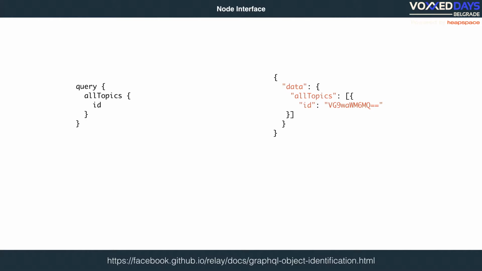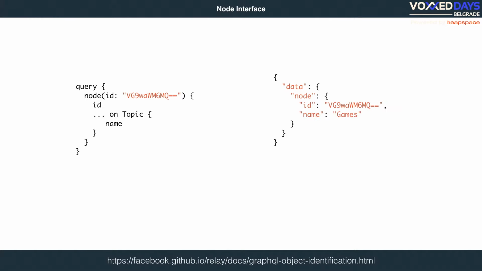And using those IDs, you can request every object in your system by just using this node query, where you say, okay, give me a node, and this node has this ID, and I need it to be a topic. And if this node I get is a topic, I need its name. If it's a user, I need its full name. So having this node interface helps you very much with caching.